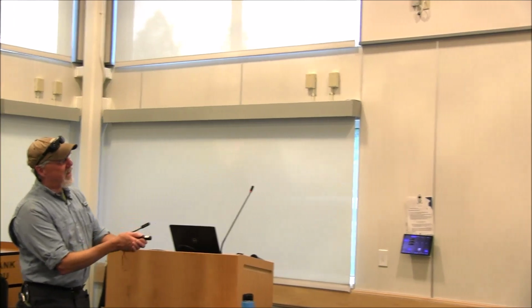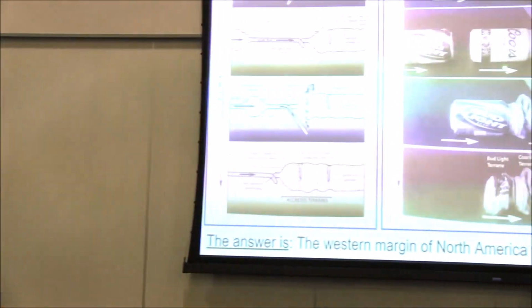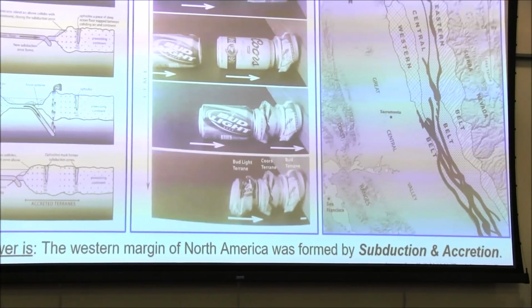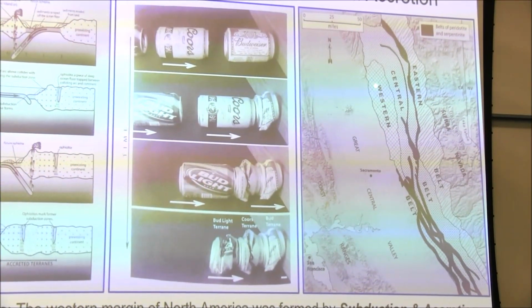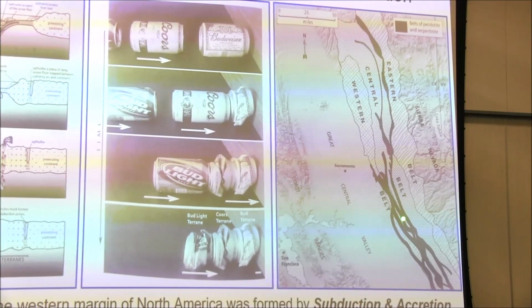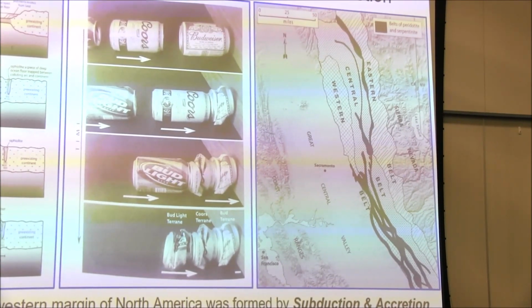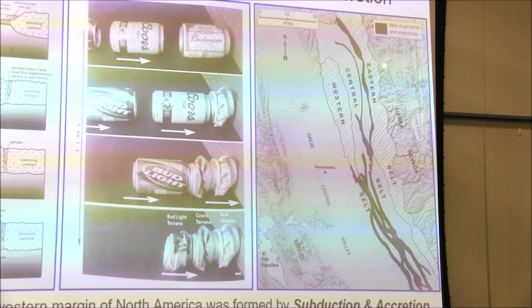Okay, and then this last diagram over here shows you that these cans, or if they're islands, they come on and squeeze and stretch themselves out into these, what we call belts. So a belt is longer than it is wide, and these are belts of similar type rocks. If you take a volcanic island like the Big Island of Hawaii, and you put it towards, say, Japan or Asia, and then you try to push it back down, it's not dense enough to go back down, so then it gets squished, earthquake by earthquake by earthquake, and stretched out.